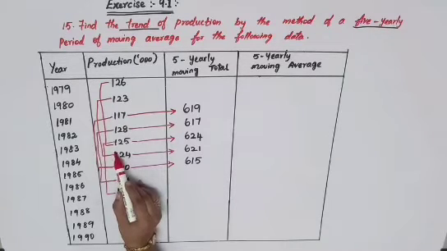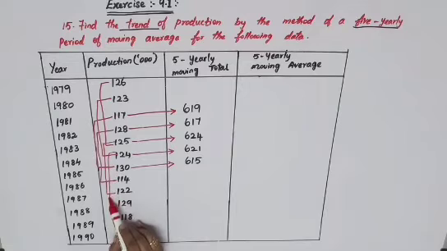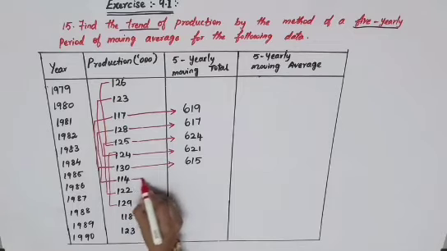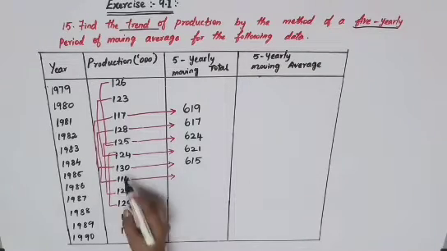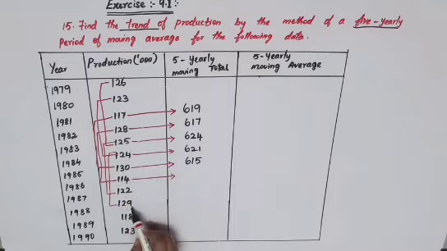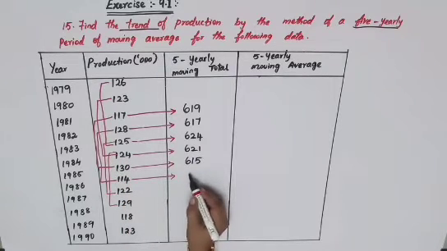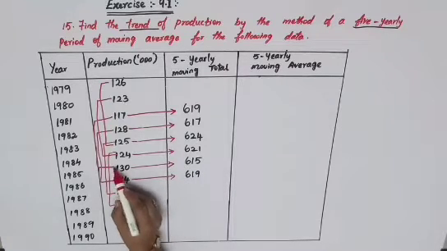The next is from 124 to the next number, that is 129. From 124 to 129, the middle is 114. Straight to that you will have to add all these 5 numbers, and you will get your answer as 619. The next is from 130, you will have to start it.